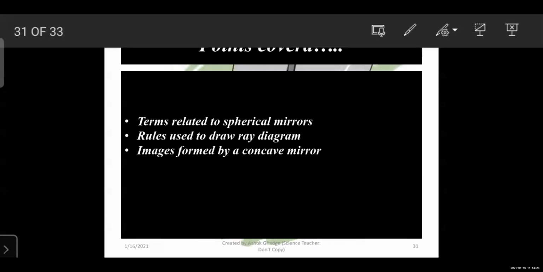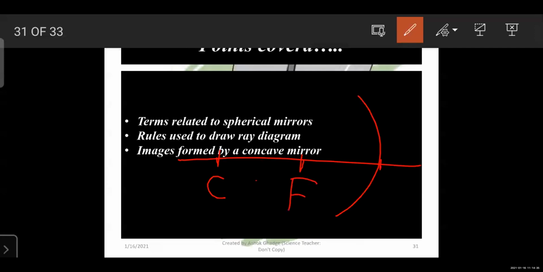When the object is between center of curvature and the focus, the image obtained was beyond the center of curvature. If the object is at focus, the image was at infinite distance. If the object is between focus and pole, we got the image behind the mirror, and it was virtual and erect.